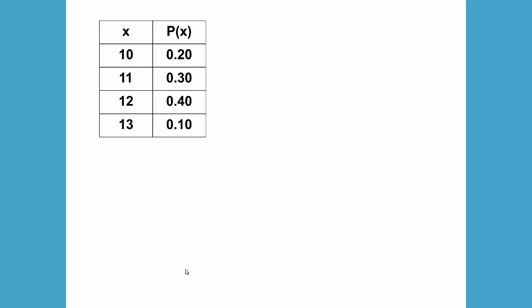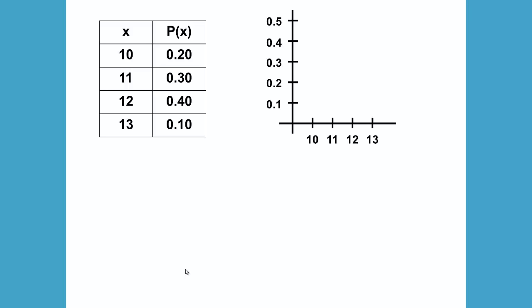Next, let's look at a graph of that same information. Notice the X values are along the horizontal axis and the probabilities are along the vertical axis. Ms. Borlaug illustrates this graph with a line and a dot this way, drawn with a line from the 10 up to the 0.2 mark, illustrating that 10 happens 20% of the time.